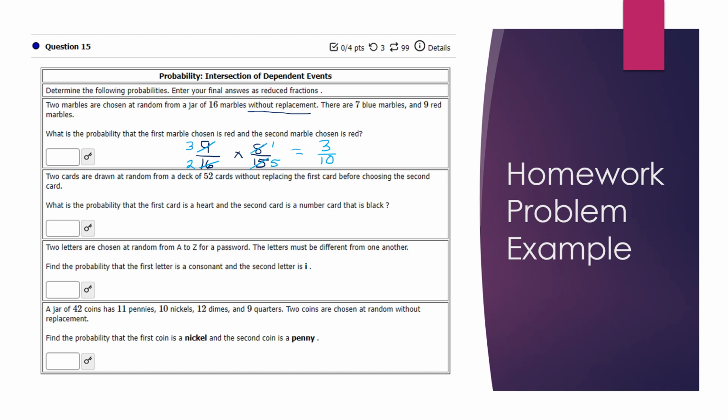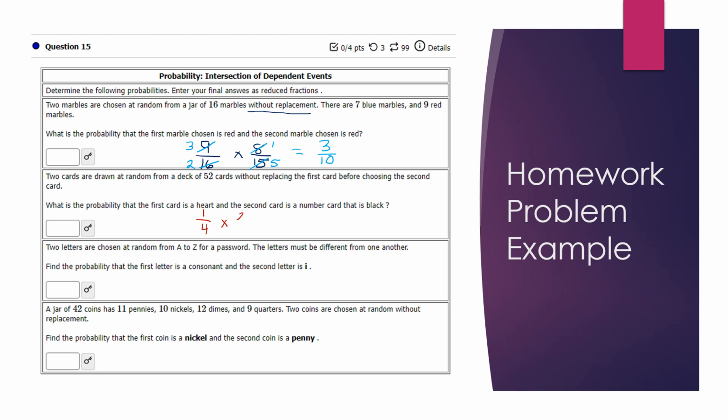For the next problem, 2 cards are drawn at random without replacing. What is the probability that the first card is a heart? Well, 1 out of 4 cards, if I simplify, is a heart. What is the probability the second one is a black card?